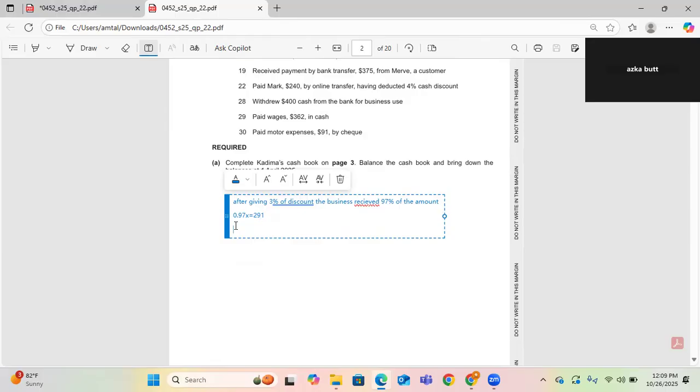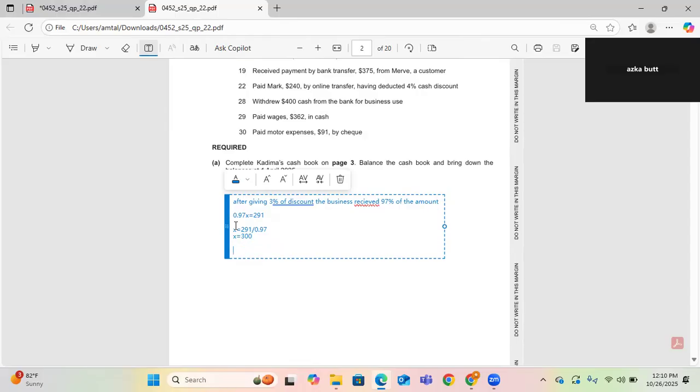So for finding out X, we write X is equal to 291, the amount after deduction of the discount, divided by 0.97. So X is equal to 300.